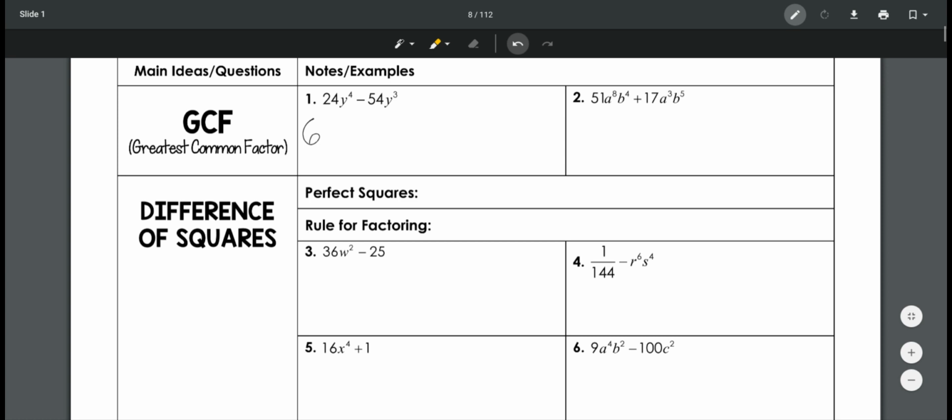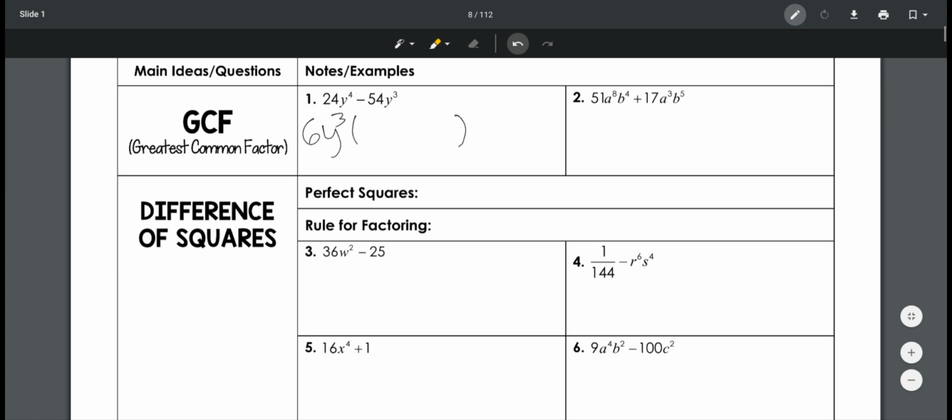As far as the variables are concerned, if your terms have the same variables, such as in number 1, I have y to the fourth in the first term and y to the third in the second term, you always take the smallest power. So we're going to go with y to the third. 6y to the third is the greatest common factor.